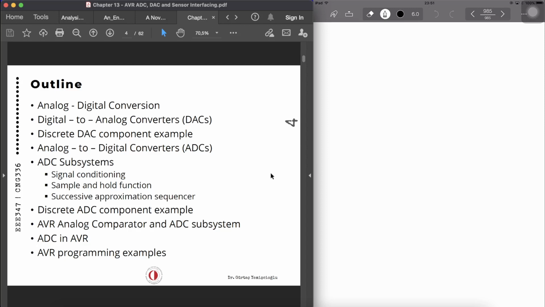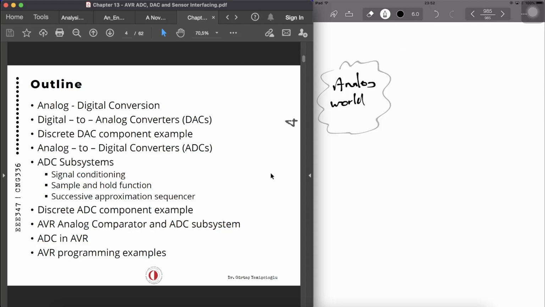Now, when we think about the real world, the parameters are all analog. Think about the temperature, think about the speed, the pressure, the wind, the sun. These are all having analog features, voltage, current, and so on. And let's say we have got the analog world on one side, okay?